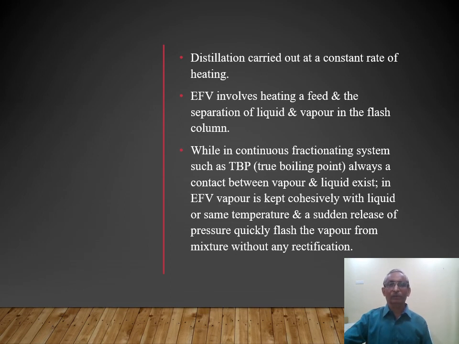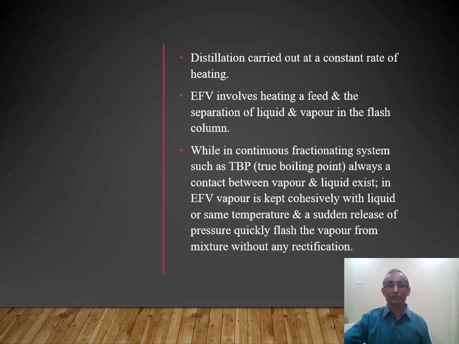The explanation of this EFV is distillation carried out at a constant rate of heating. EFV involves heating of the feed and the separation of liquid and vapor in the flash column. While in a continuous fractionating system such as TBP, true boiling point, there is always contact between vapor and liquid.